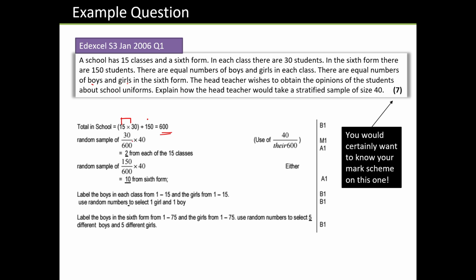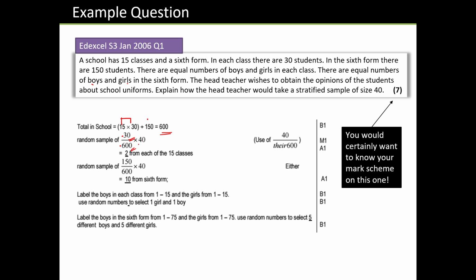Now the calculations, don't be too bothered by the calculations because there's lots of ways of writing it. So it's not one method of working out that's correct. But let's just talk through what they're doing. So in this one here, why they're doing 30: because 30 is in the class. So this is telling you a class to the population.